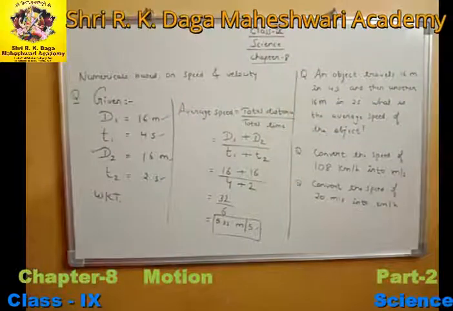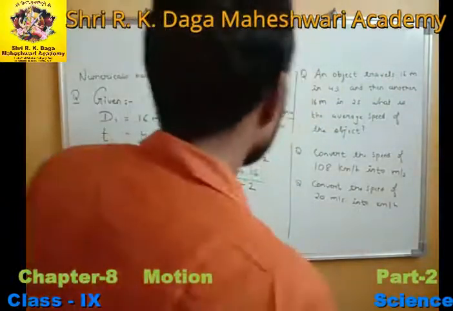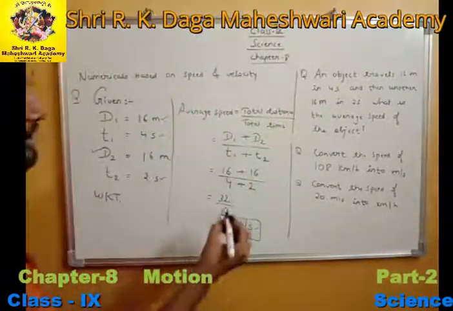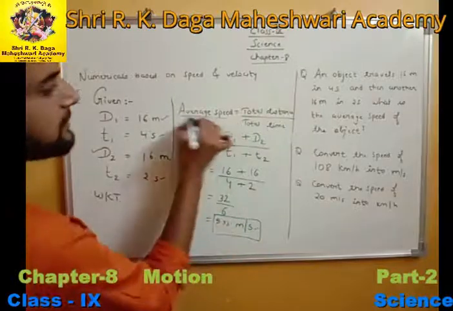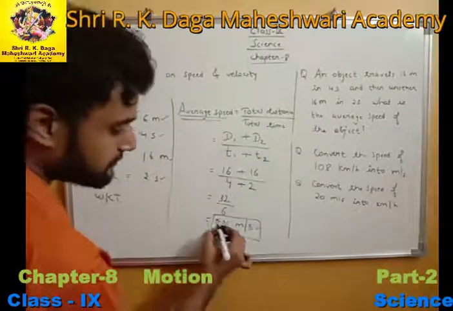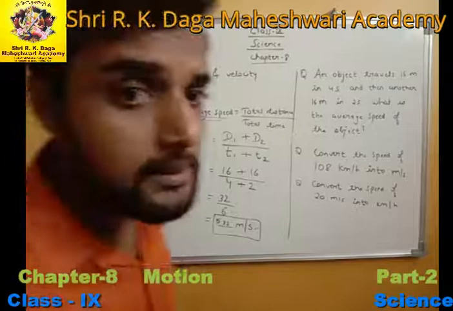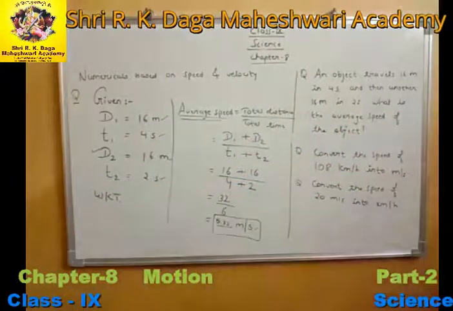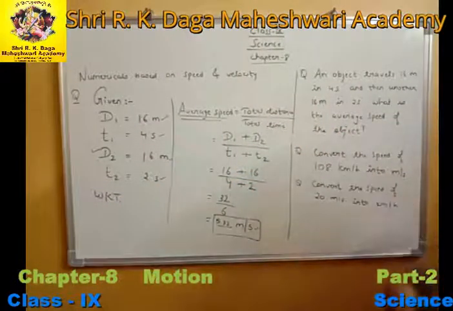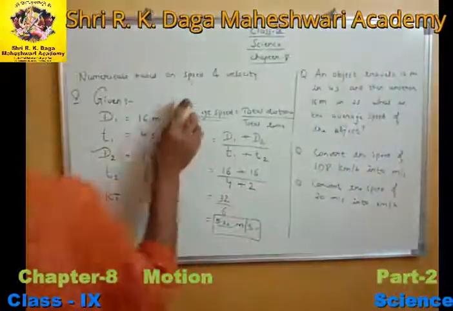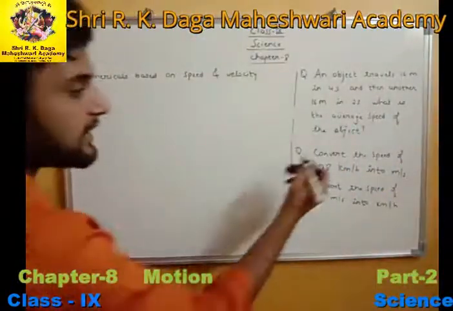So how can we do this? We will see that. Okay, I hope this numerical is all clear to all of you. The average speed of that object will be 5.33 meter per second.